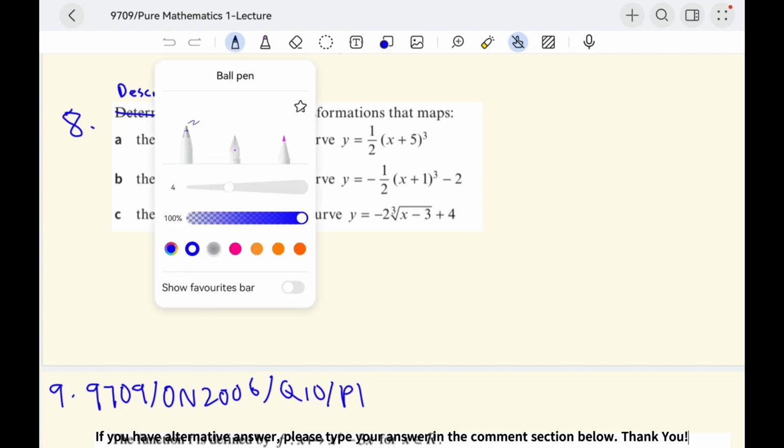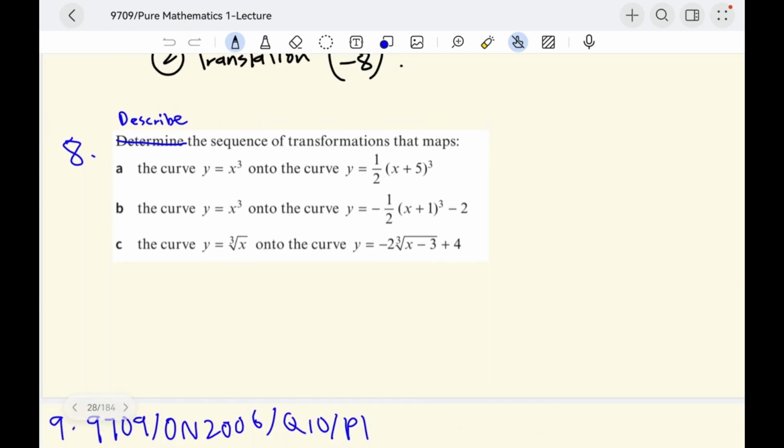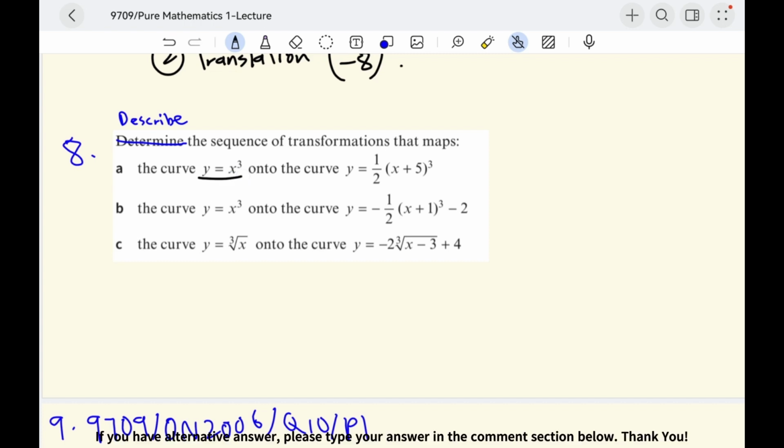Question 8. So question 8 also involves the sequence of transformations. Describe the sequence of transformations that maps the curve y equals x cubed onto the curve y equals half the cube of (x plus 5).